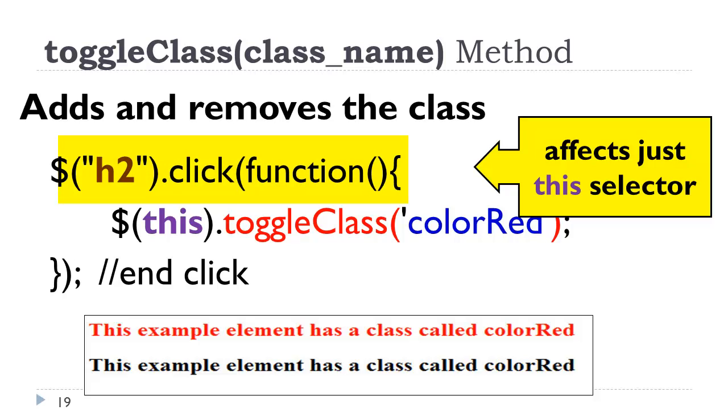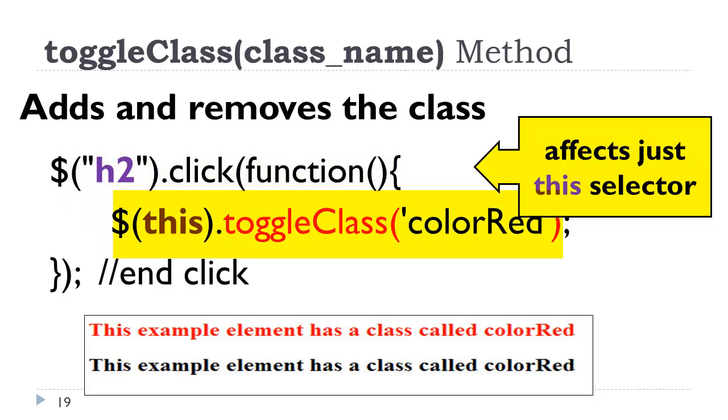We're calling the anonymous function, and in this case, rather than saying h2 .toggleClass, we're saying this, and notice there are no parentheses around it, no quotations. This is a JavaScript keyword, and it refers to whichever H2 we are actually clicking on. Because the selector is H2, any H2 that is clicked on, this function will run, but only for that specific H2. So if you look at the bottom here, the first one, we see the class being toggled, but not the second one.